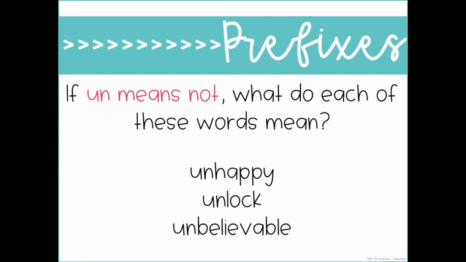If that's the case, what does unhappy mean? Did you say not happy? Excellent. What about unlock? Did you say to not have it locked anymore? To not lock it. Very good. What about unbelievable? Does that mean to not be believable anymore? You got it.